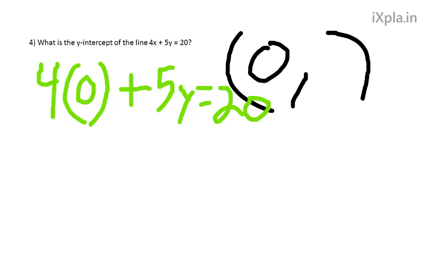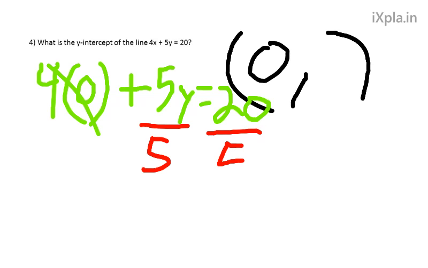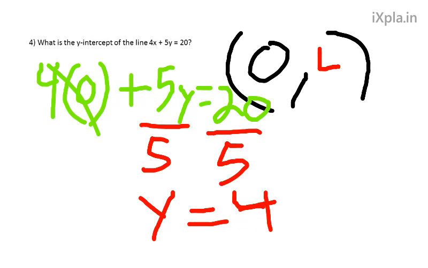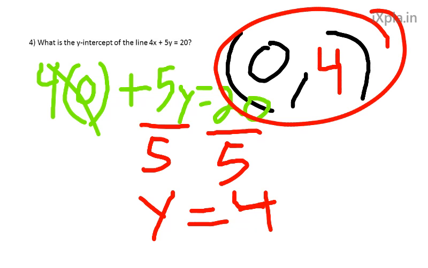And 4 times 0 is just going to be 0. So now we can just divide by 5, y equals positive 4. I don't know why that negative is coming to my brain. So we put a 4 over here, and then that's it.